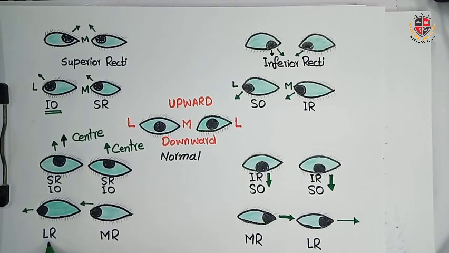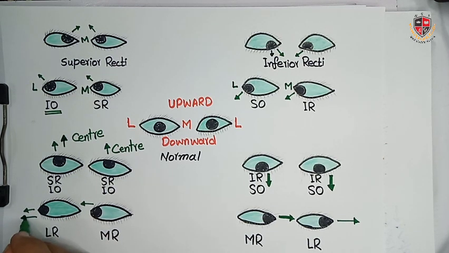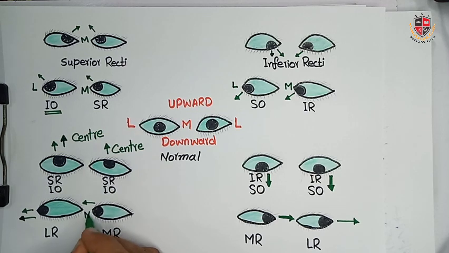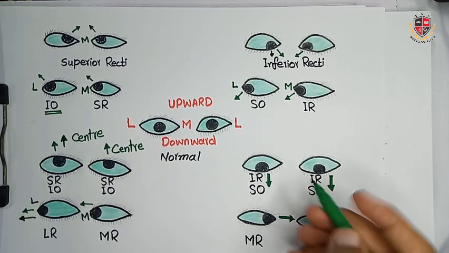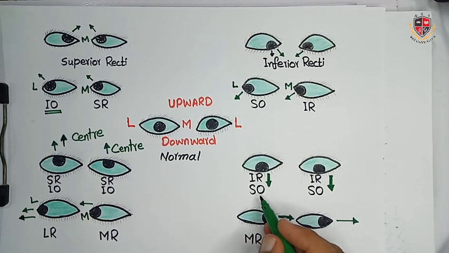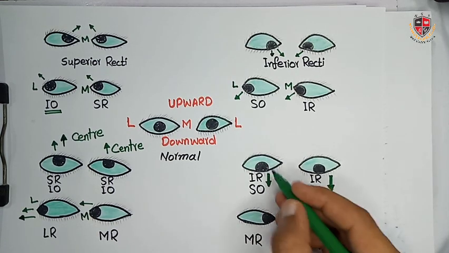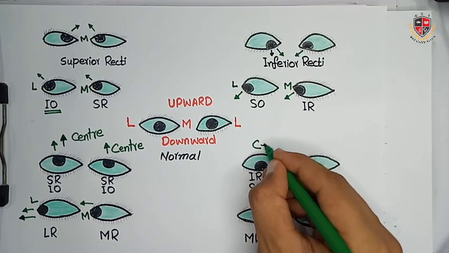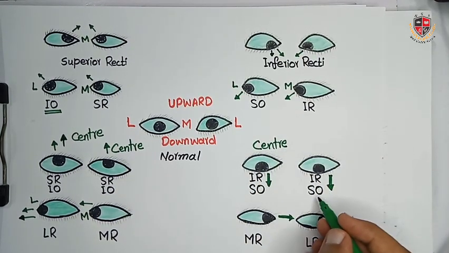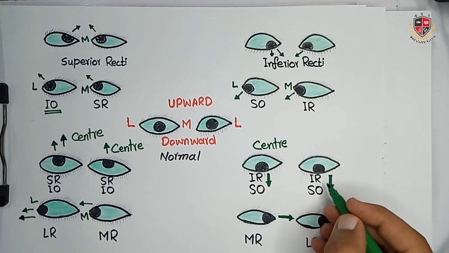And this is the lateral rectus muscle. Lateral rectus muscle causes the eyeball to move laterally, in horizontal direction. Medial rectus causes the eyeball to move medially. This is medial side, this is lateral side. Now the inferior rectus and superior oblique muscle cause the eyeball to move downward in the center. Inferior rectus and superior rectus cause the eyeball to move downward in the center.